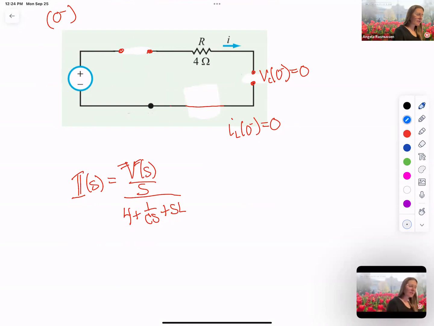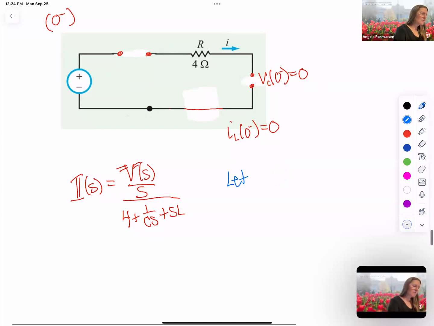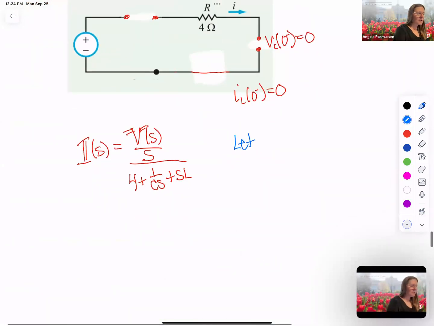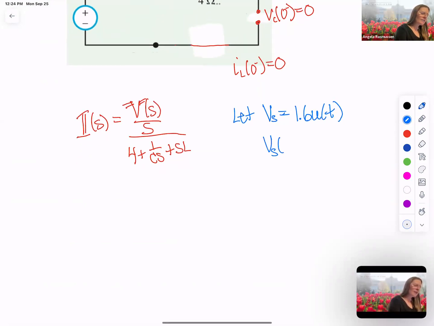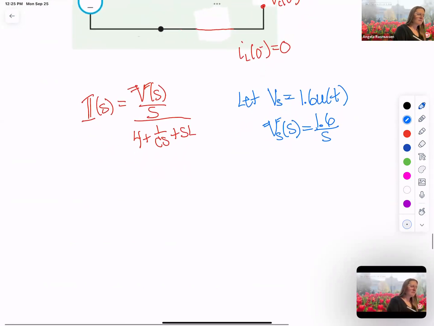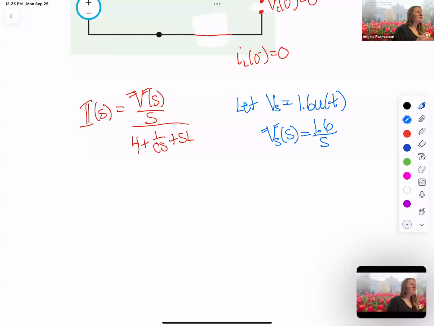All right, so let me give an example. Let V of S, or let V naught, let me just say V of S equal to 1.6 U of T. So V of S is just going to be 1.6 over S. U of T is that step function.